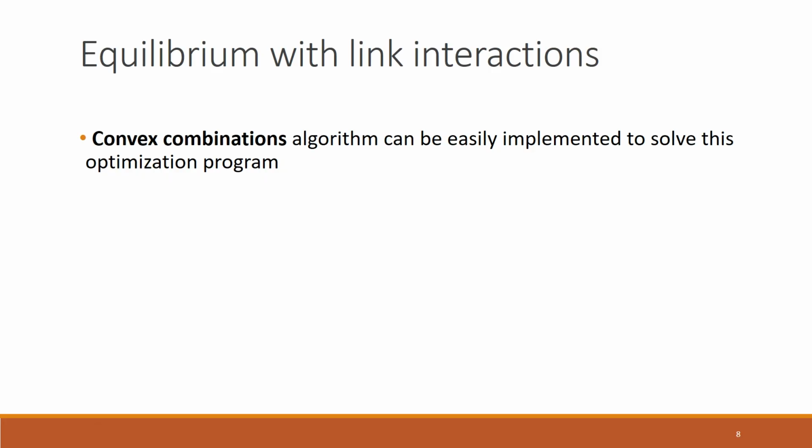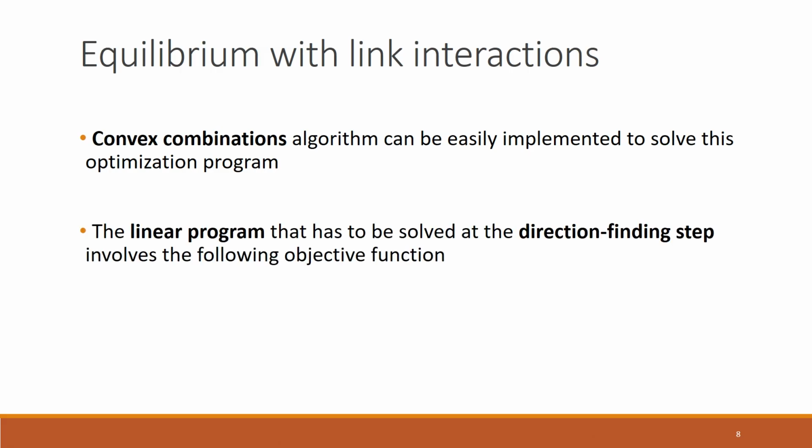So, how do we now solve this optimization formulation that we have seen? The convex combination algorithm that we had introduced to solve the deterministic user equilibrium problem when there are no link interactions can easily be extended to solve this case also. In the convex combination algorithm there are various steps. For example, one of the steps is to find the direction.